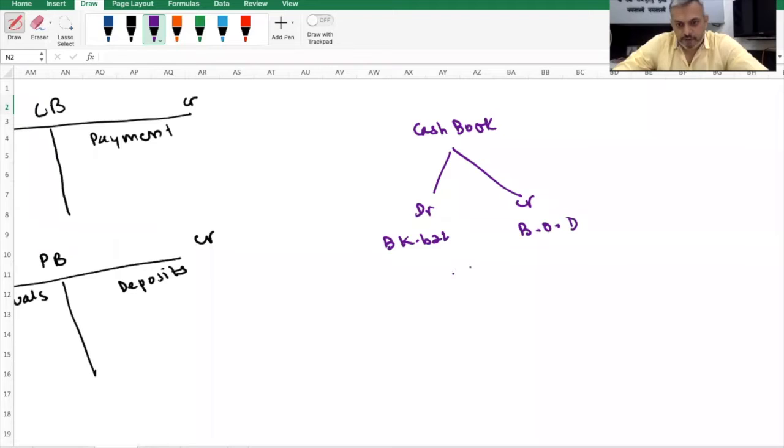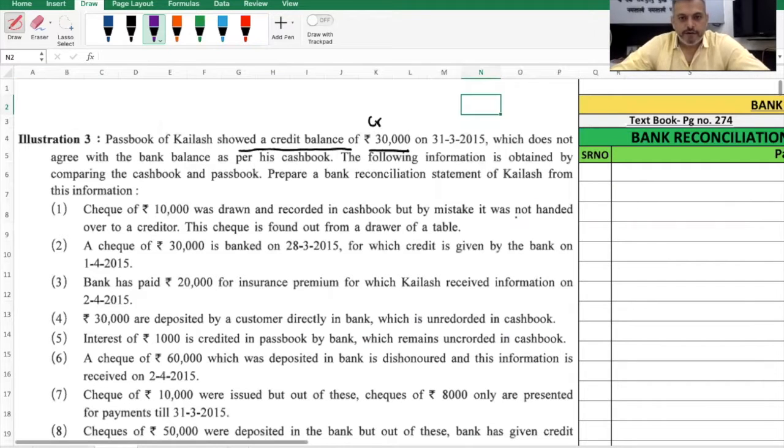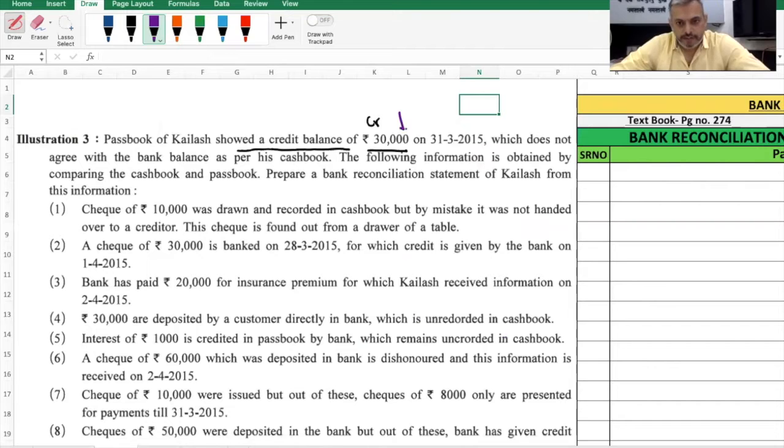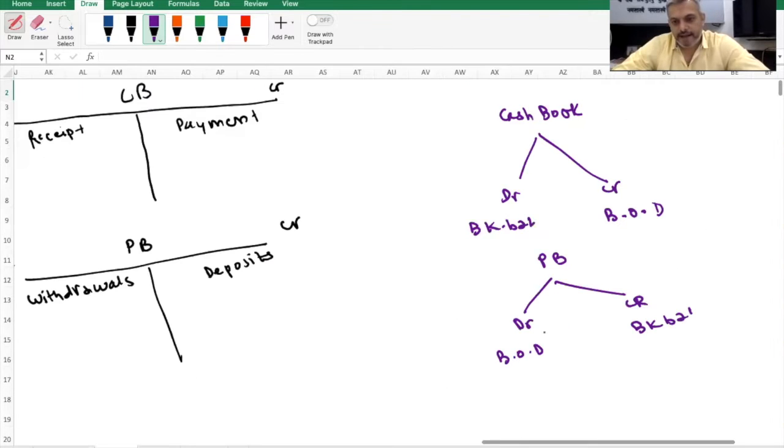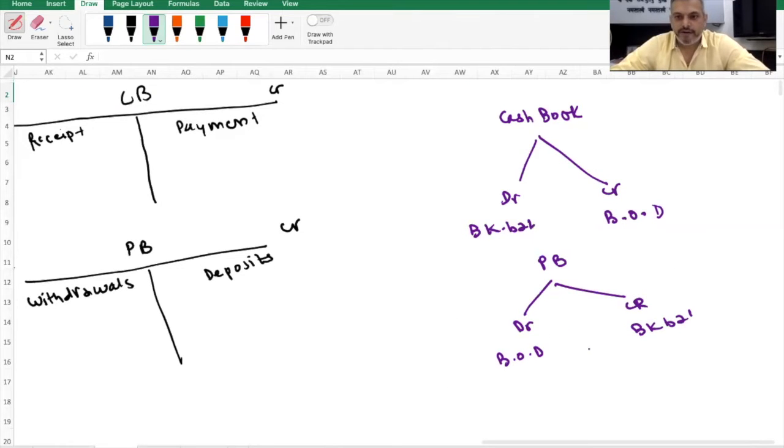In the passbook, it becomes reverse. In the passbook, credit is bank balance and debit is bank overdraft. So over here, this balance of 30,000, what will this be? Will it be bank balance or will it be bank overdraft?